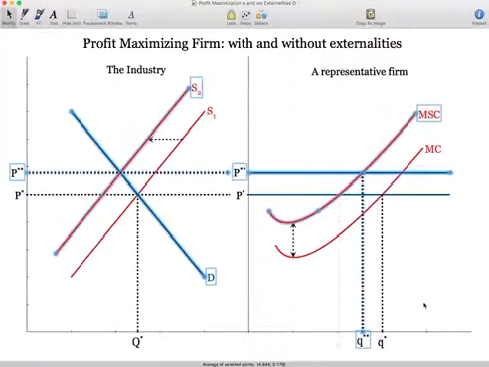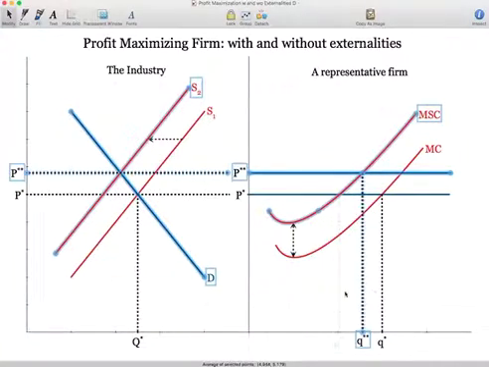So make sure you remember those key components, the difference between marginal cost and marginal social cost. Marginal cost is the cost of the firms incurring production, while marginal social cost includes marginal costs that the firms are incurring in production, plus any external costs that they might be generating in that particular production process.